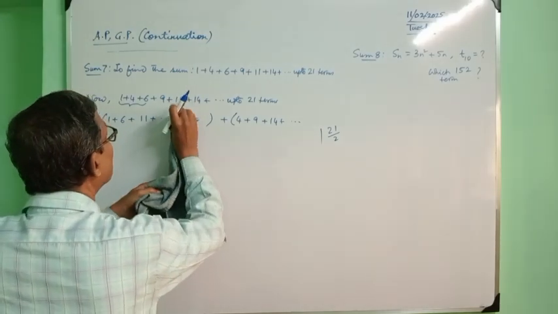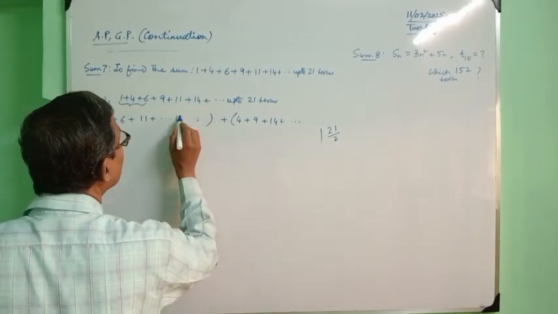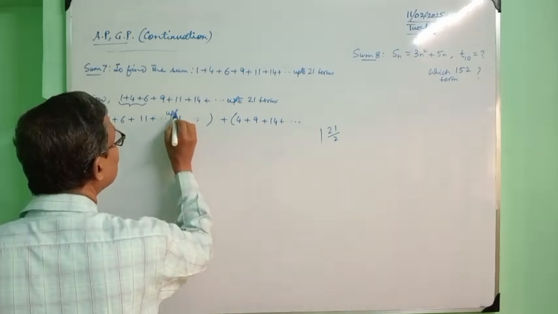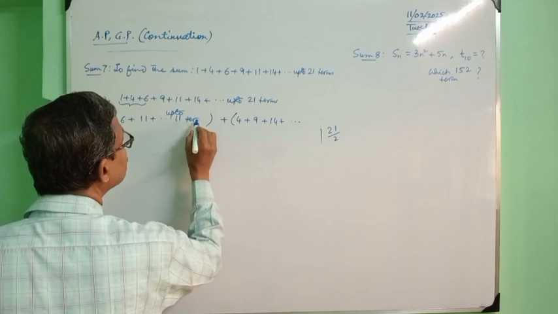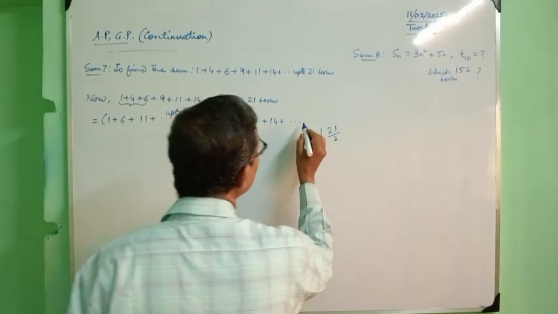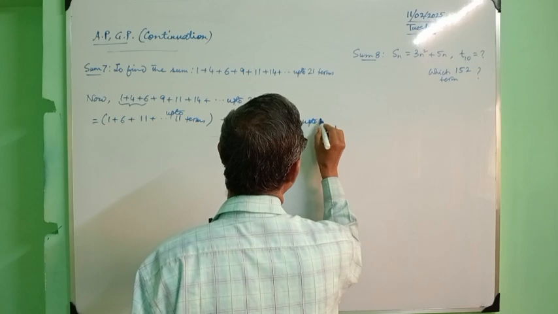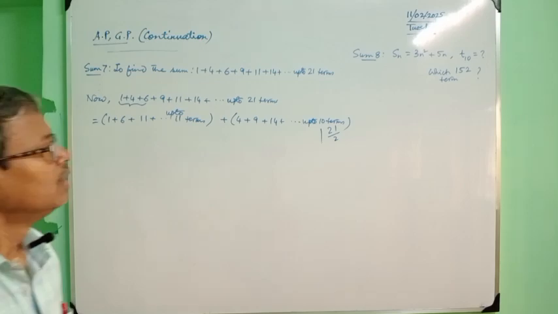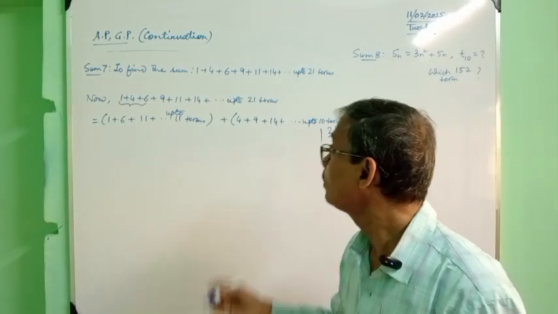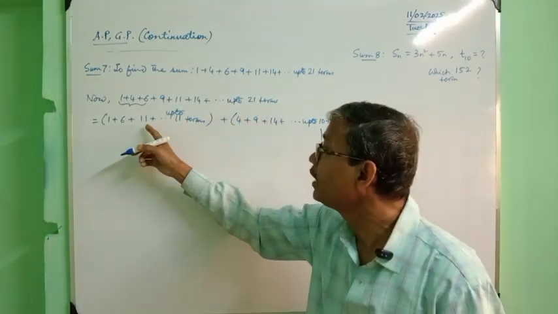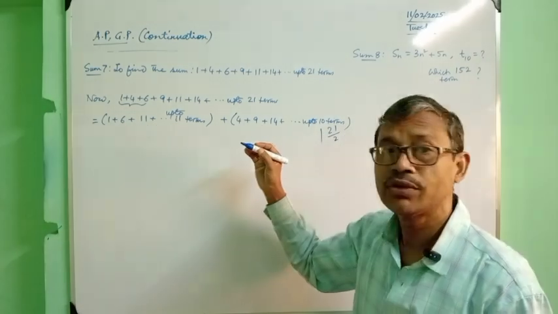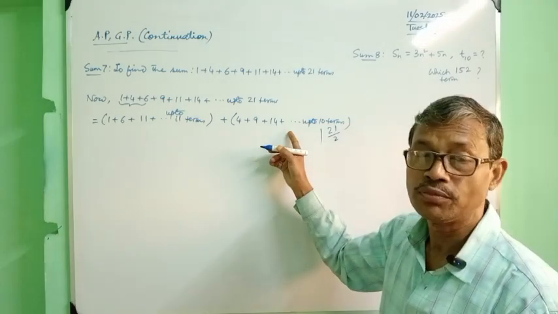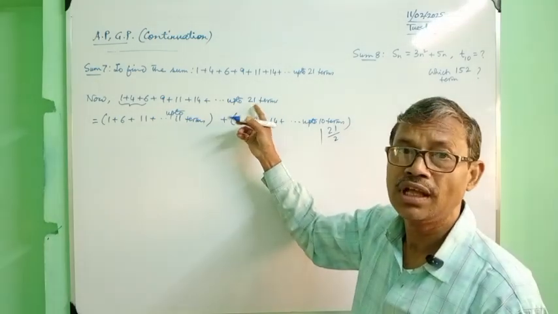1, ... 11 up to 11 terms, and in the second up to 10 terms. Try to follow that. There are 21 terms. I have divided into two groups. Next, we have to determine how many terms will be there in the first group and how many in the second group. 21 is an odd number.